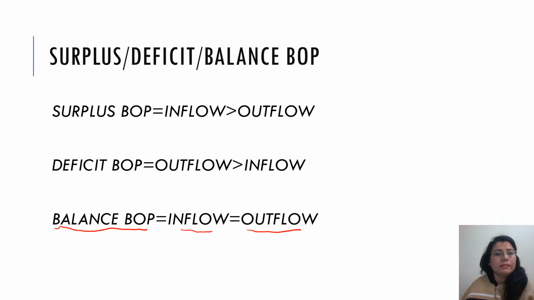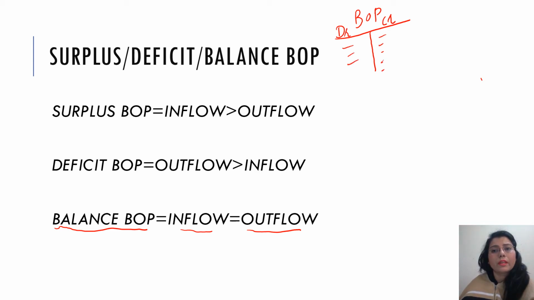On the other hand, a surplus balance of payment is when there are a lot of inflows, meaning inflows are greater than outflows. If this is the debit side and this is the credit side, we record the transactions, but the credit side is 50 million and the debit side is 20 million.